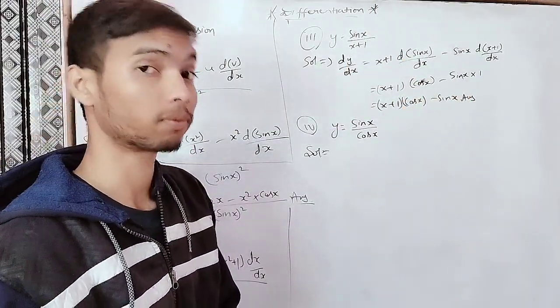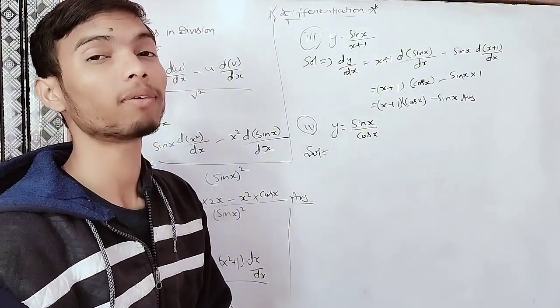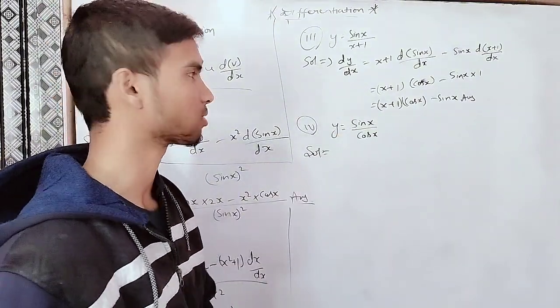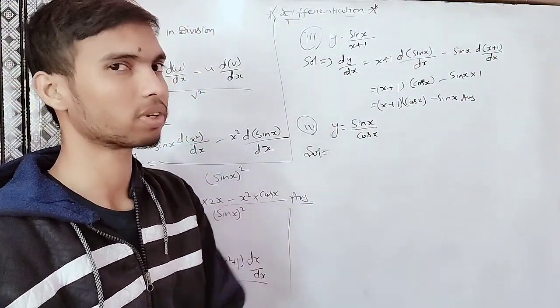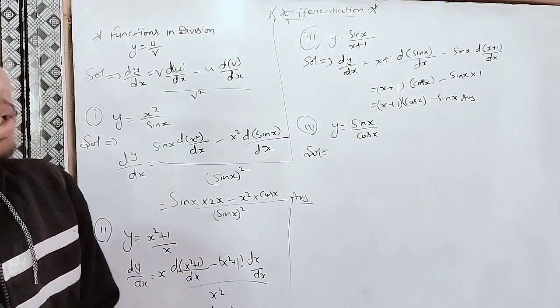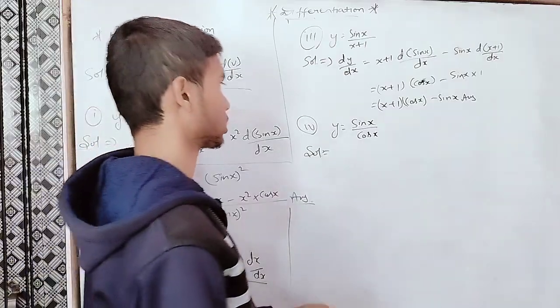Then we will write subtraction. Then we will put as it the upward function, which is sin x. Then we will take the downward function to do differentiation. Then upon cos x square.